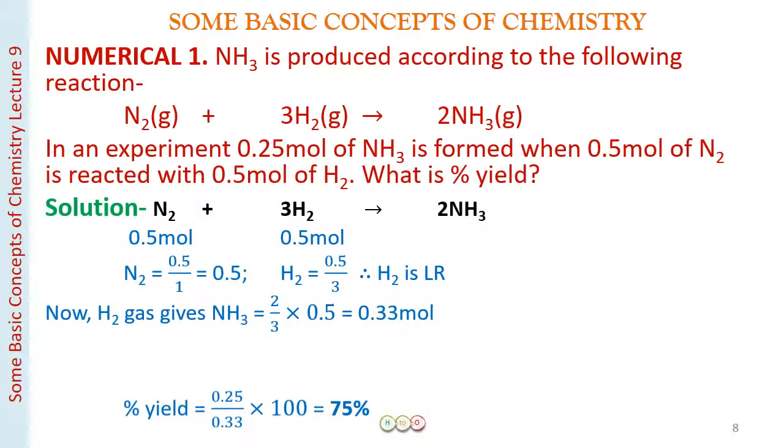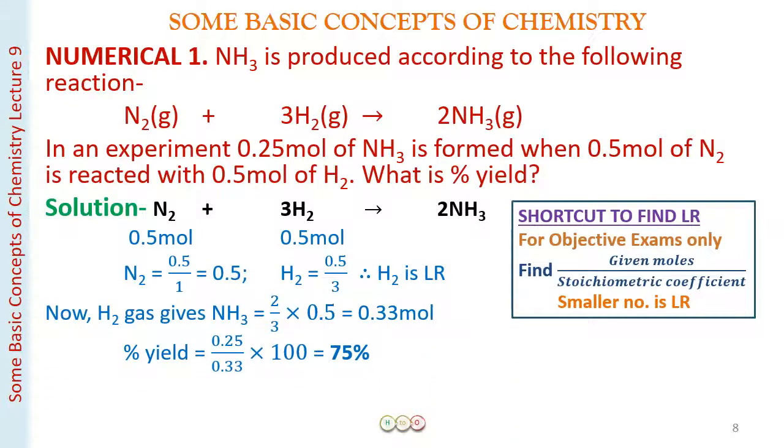So this is actually a shortcut to find the limiting reactant. See this side, we are having a shortcut to find the limiting reactant, and this is only for the objective exams. You will not write it this way when you are giving a subjective exam. For the subjective exam, the way we discussed in the topic limiting reactant, you will be performing all the calculations that way.